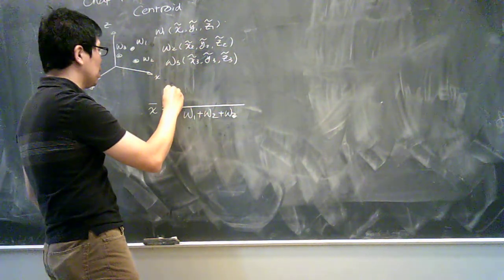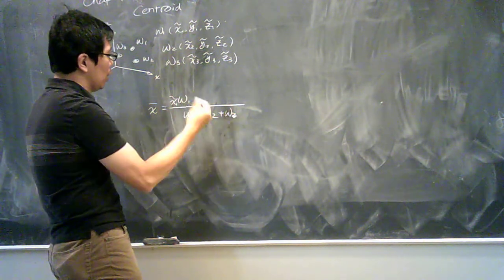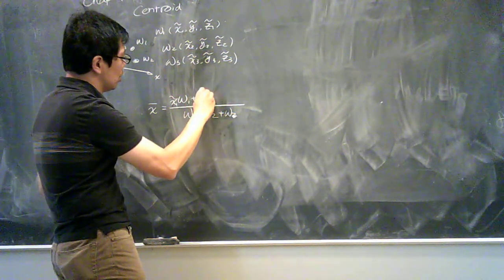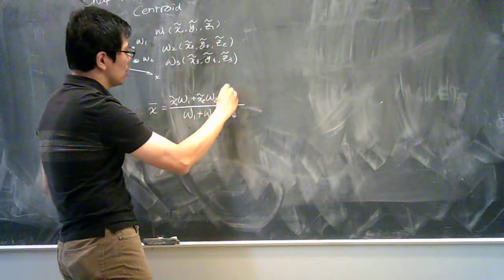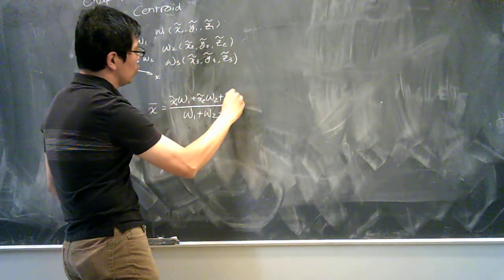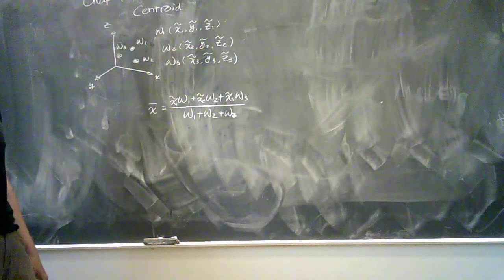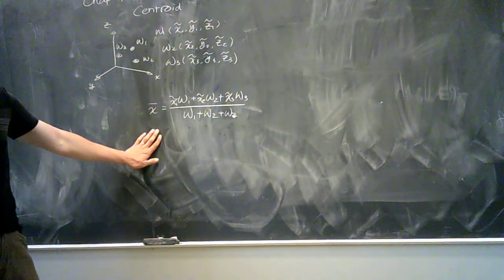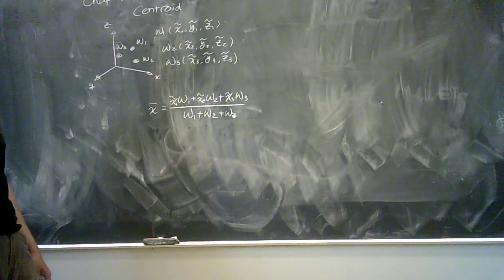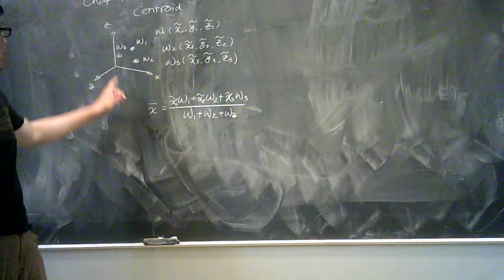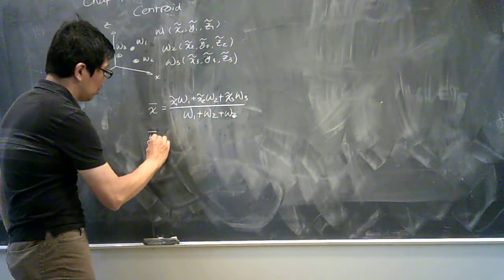In the numerator we have x1 tilde multiplied by w1 plus x2 tilde multiplied by w2 plus x3 tilde multiplied by w3. With this formula, we should be able to determine the center of gravity of those three objects.